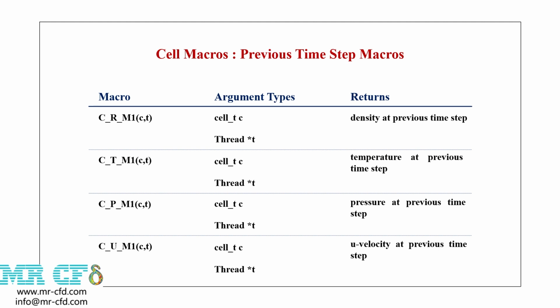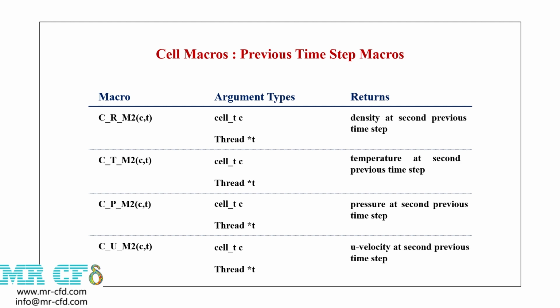These macros also consist of two arguments. The first argument represents a variable that is the place to receive information about each cell from the cell thread, and the second argument is a pointer to the cell thread. Now, if we use the M2 suffix for cell variable macros, it retrieves the variable value 2 time steps back.